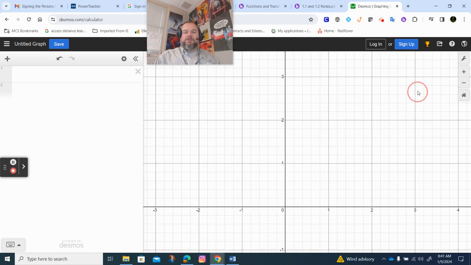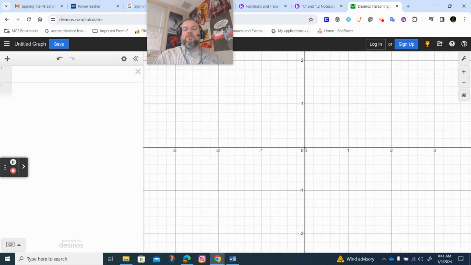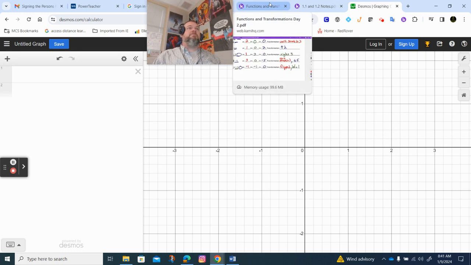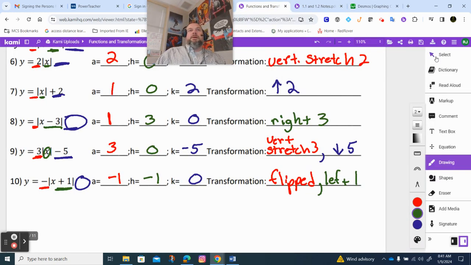All right. So we're right here at 0, 0. If I was to go left, what numbers are to my left? Negative. That's why we say if it's negative, it goes left. The crazy thing is that it's the opposite of how it's written. Okay.